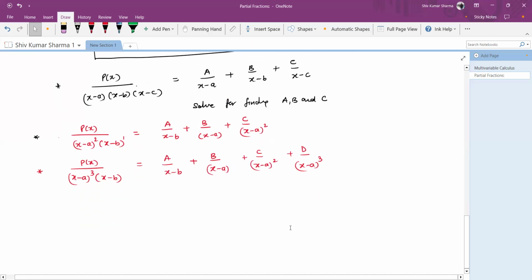So first we see the denominator. That means in the denominator our factor is linear, so a linear factor can be written in this form. Now we move further.